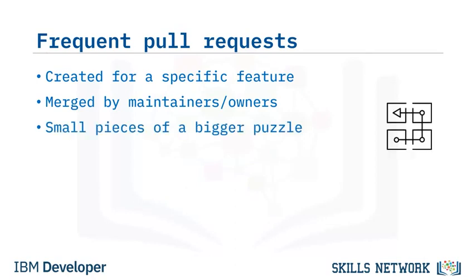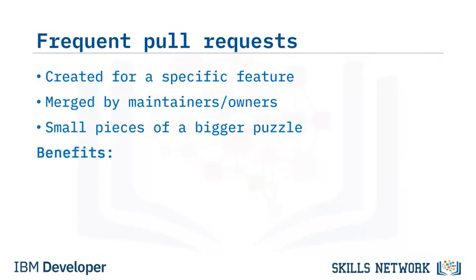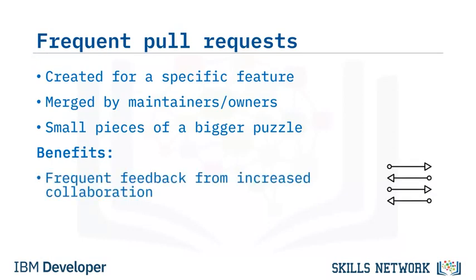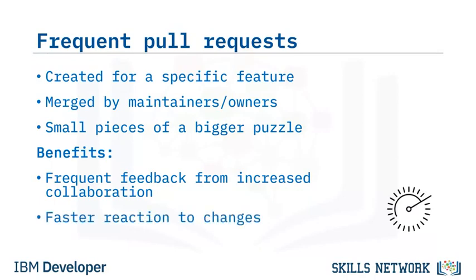These frequent pull requests serve as small pieces of a much bigger puzzle, making it easy to build upon the most updated code. This function brings along with it many benefits. Each pull request needs to be reviewed, which facilitates increased collaboration among developers. It also enables developers to react quickly.